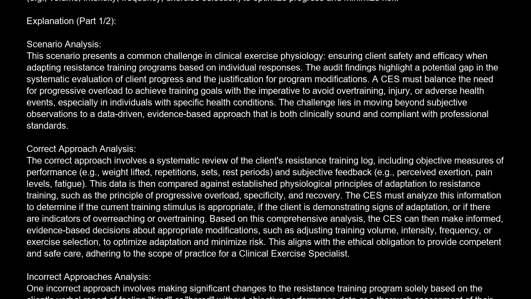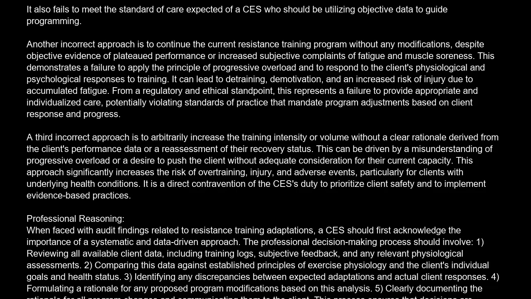Ethically, this could lead to undertraining if the client is capable of more, or overtraining if the fatigue is a symptom of excessive load, both of which compromise client well-being and the effectiveness of the intervention. It also fails to meet the standard of care expected of a CES who should be utilizing objective data to guide programming.